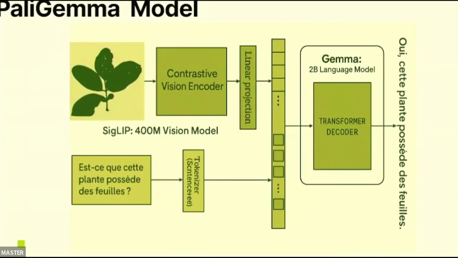For this task, we chose a powerful open source model from Google called PaliGemma. PaliGemma is a vision language model, meaning it contains both visual and textual modules designed precisely for this kind of integrated learning. In essence, our goal was to take this powerful general-purpose tool and train it to become a specialized digital botanist, an AI capable of looking at a specimen and reading its description, understanding both coherently.